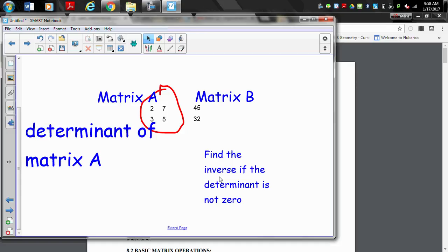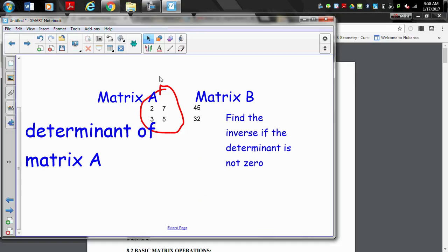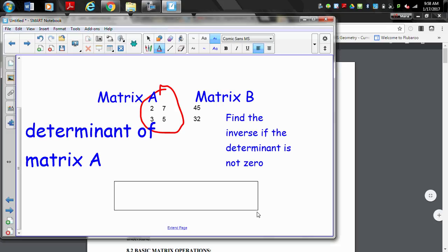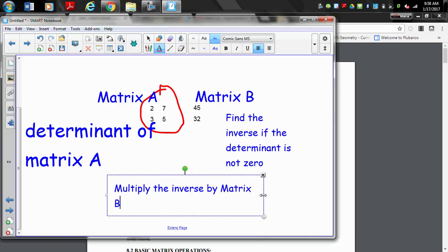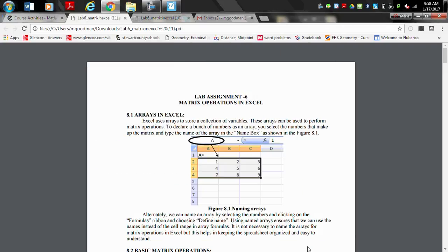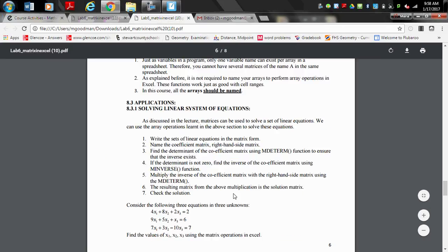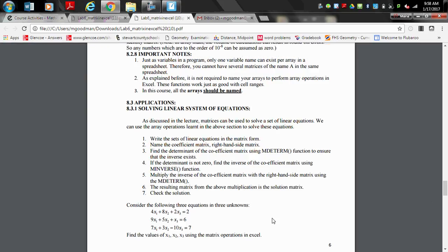Step 4, multiply the inverse by matrix B. Then you will get another matrix.